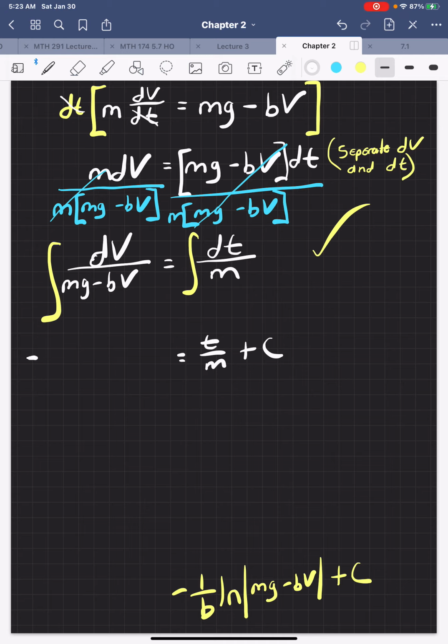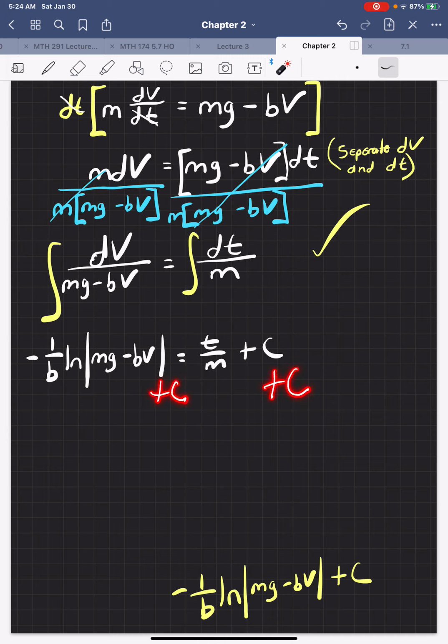So negative 1 over b ln mg minus bv. All right, traditionally, whenever you integrate, you have plus c. So we would have a plus c on this side and a plus c on this side, but I don't want students to confuse that, because I've seen students subtract c from both sides, canceling c's when they don't even know they have a c.